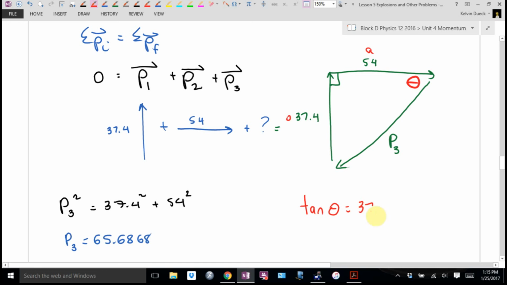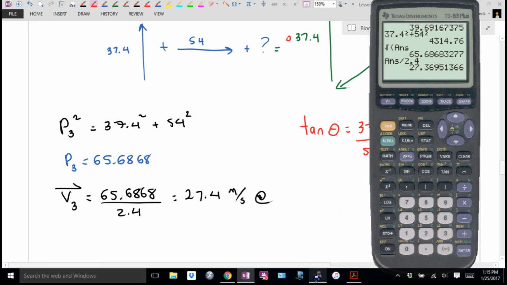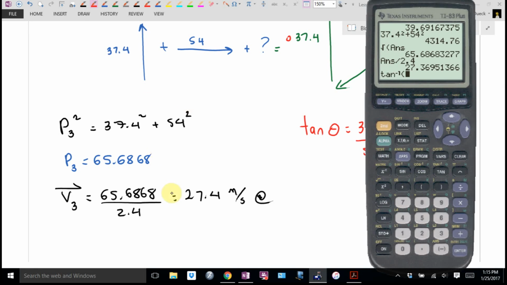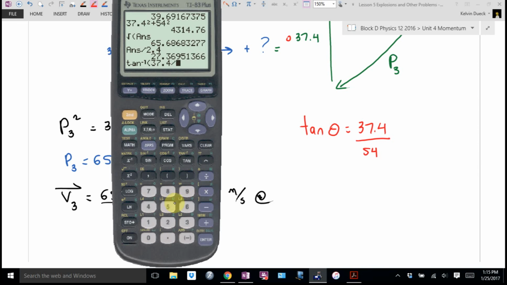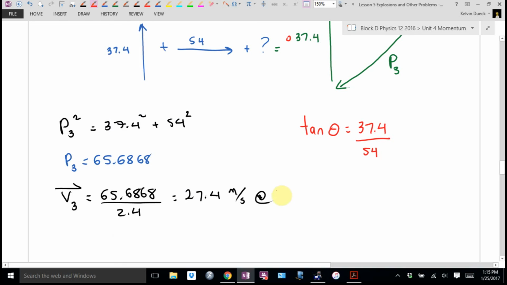Tangent equals opposite over adjacent. Shift tan of opposite over adjacent. And I get 34.7 degrees.